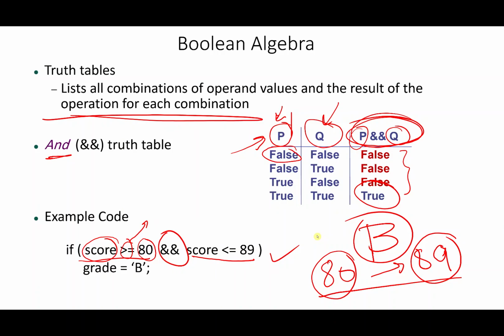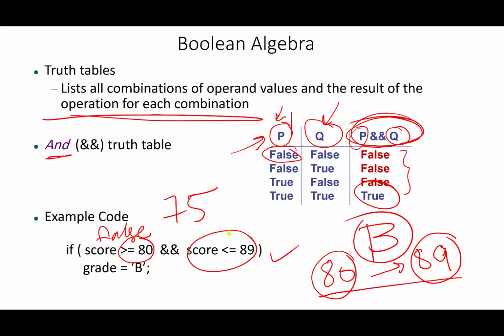For example, let's say your score is 75. Is your score greater than or equal to 80? No, false. Now check this one. Is your score less than or equal to 89?